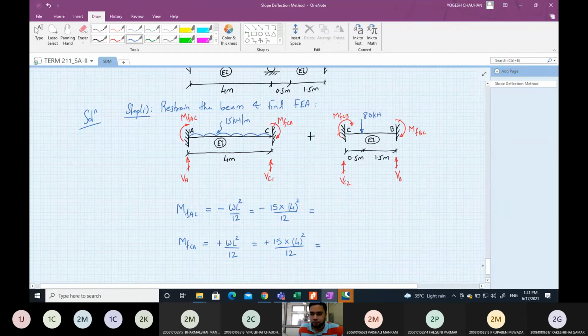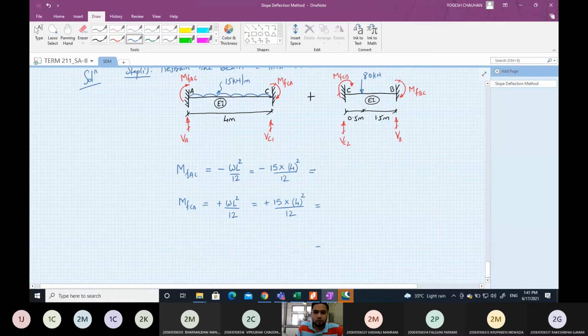How much is this value? 20 kilonewton meter, and this will be plus 20 kilonewton meter.